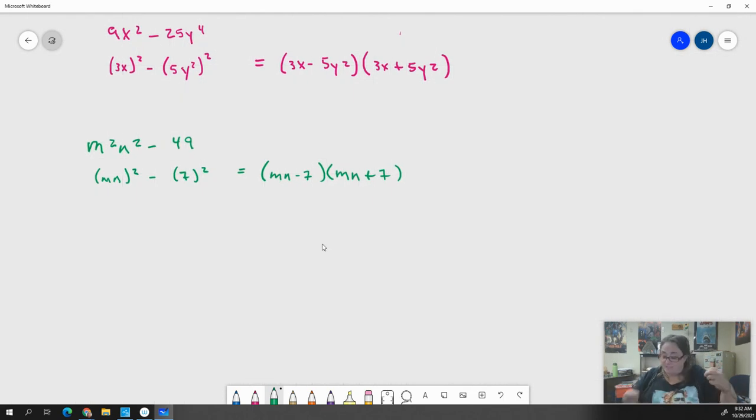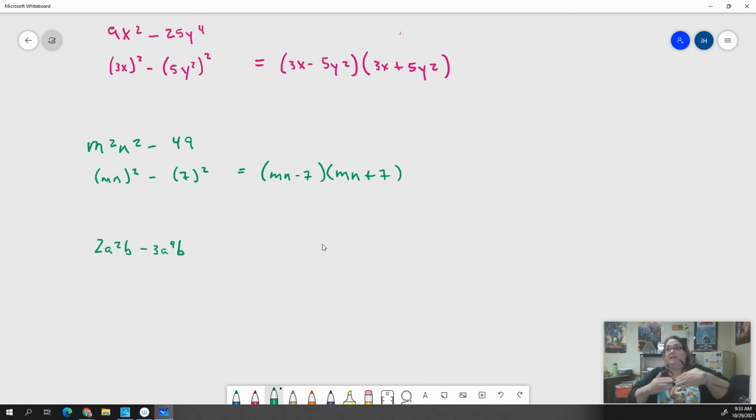Sometimes though, and this will be as complex as it gets, they'll try and trick you a little bit, right? You'll have something like 2a squared b minus 32a to the fourth b, right?